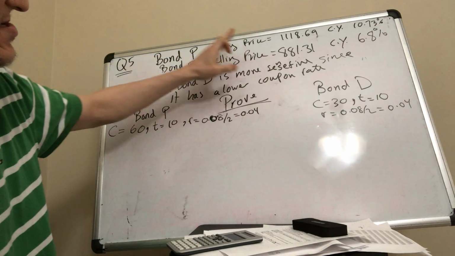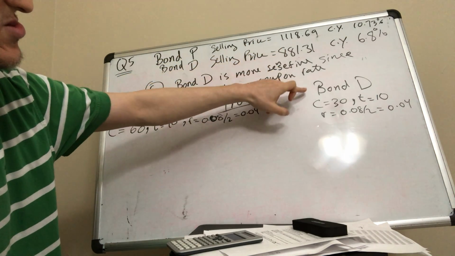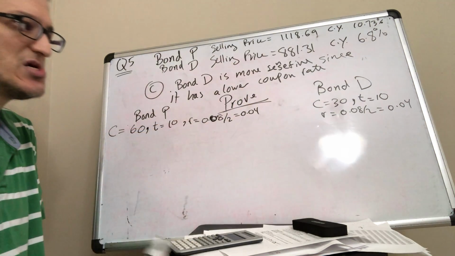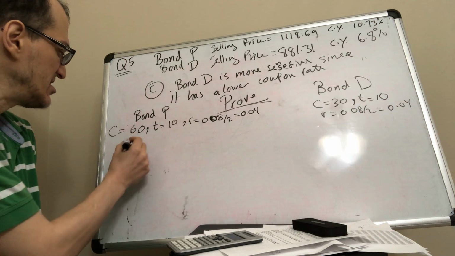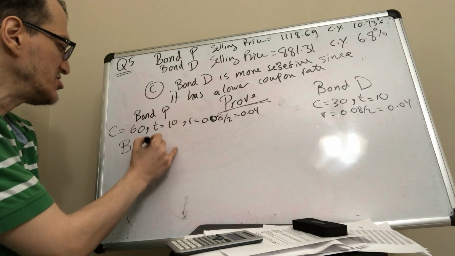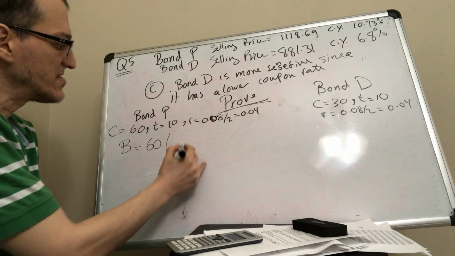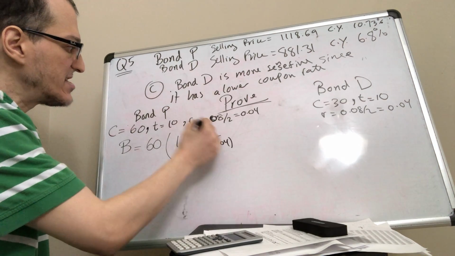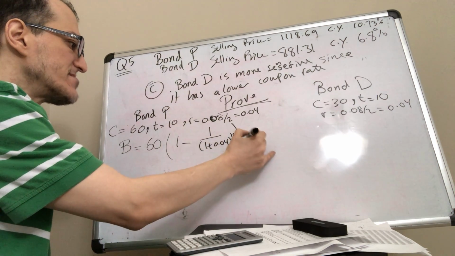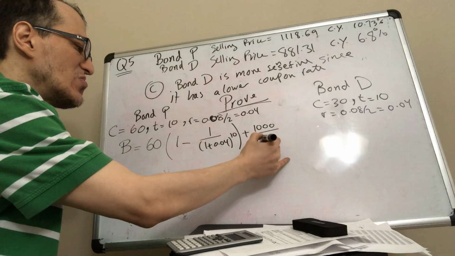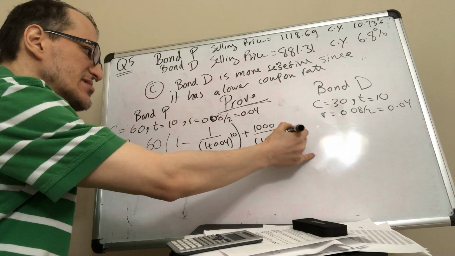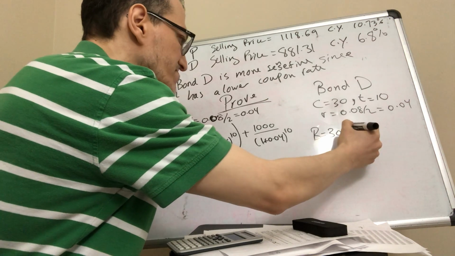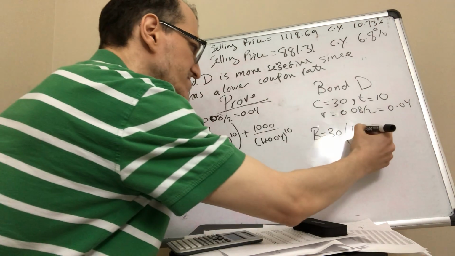This is the price when it was 9%. This is the price when it was 9%. Let's look at the price when it's 8% to see which of the two is going to be affected more. Price formula, you take the coupon payment, 1 minus 1 over 1 plus the R to the T, face value, 1.04 to the T. And the same here, but instead of 60 we put 30.